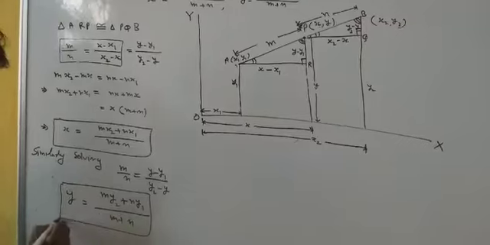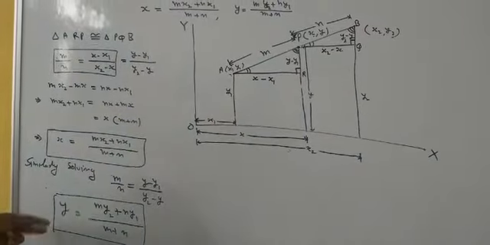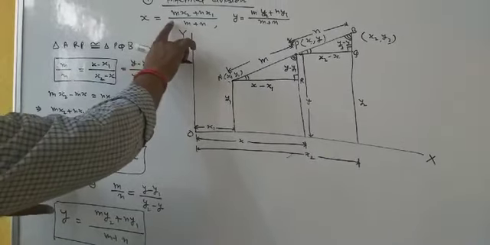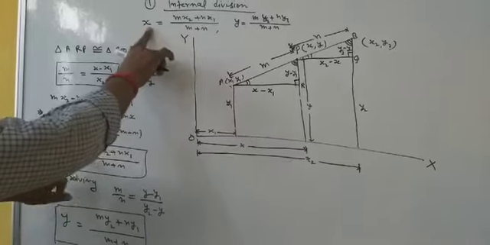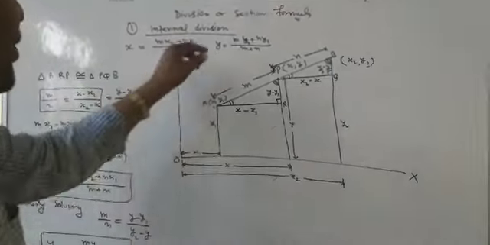Therefore you can check, you are getting the same result as you already know from class 10. This is your x and this is your y. Now for external division.